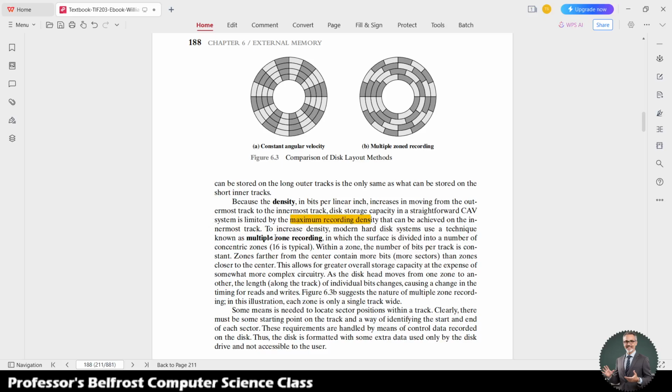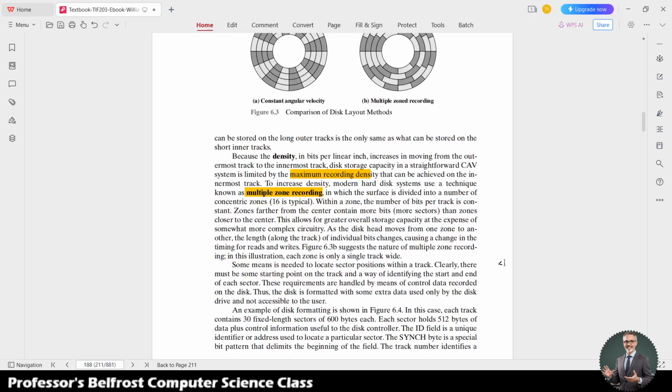To increase this density, modern hard disk systems utilize a technique called multiple zone recording, as depicted in figure B in figure 6.3. With this, the surface is divided into a number of concentric zones, and within a zone the number of bits per track is constant.